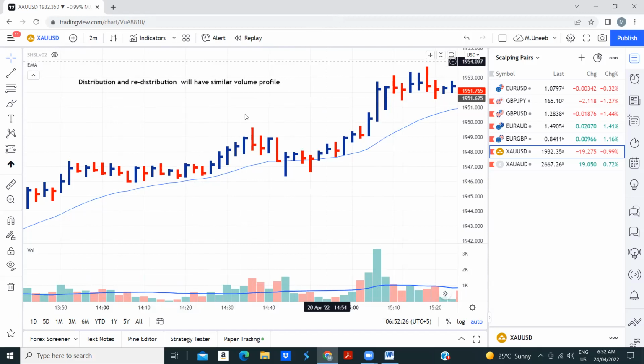Now let me show you again if we have a redistribution. For example, now we have another situation. We call it a redistribution. Now we are going up, and now we are here. This is the second situation.